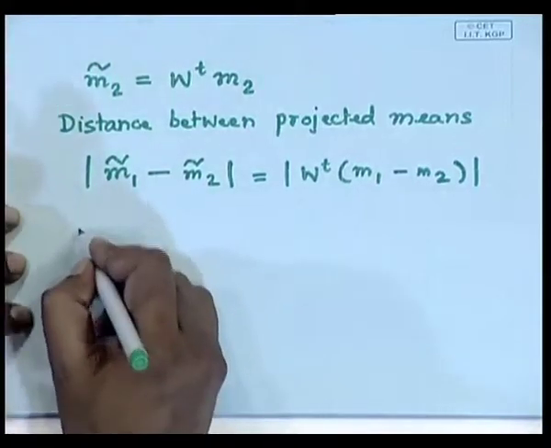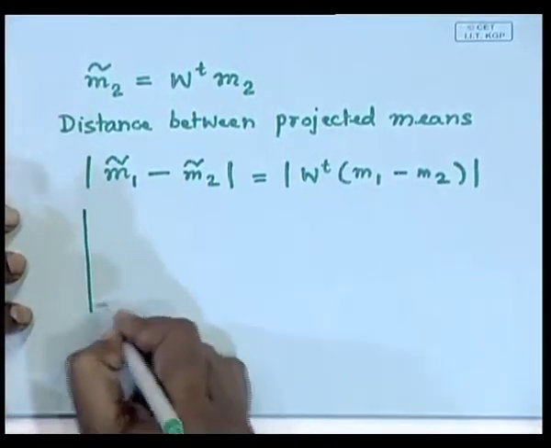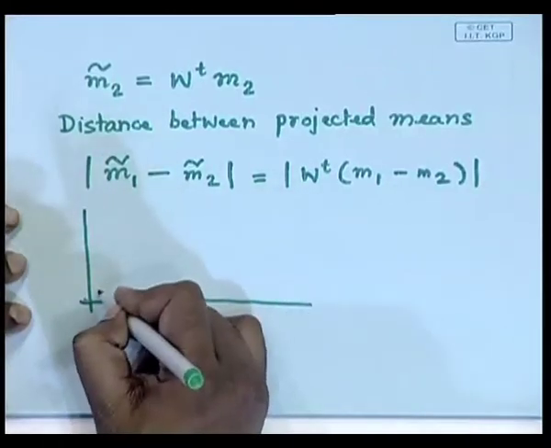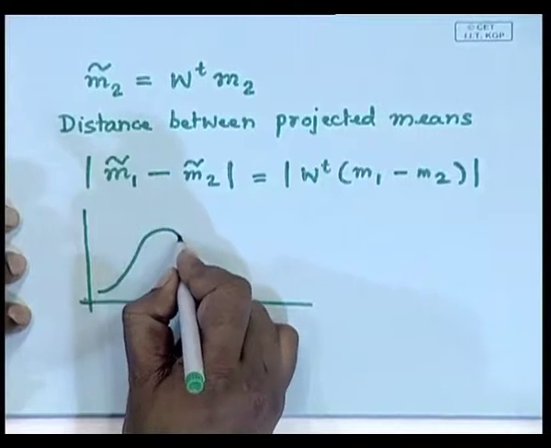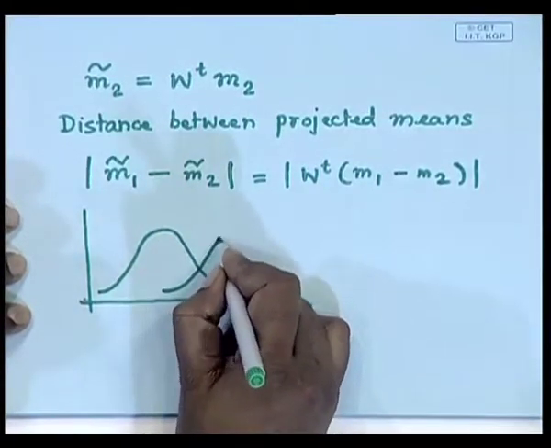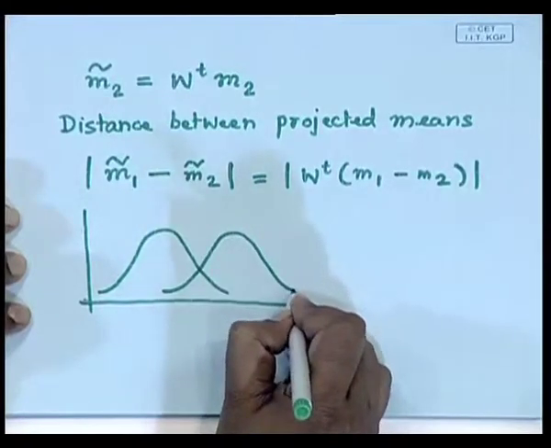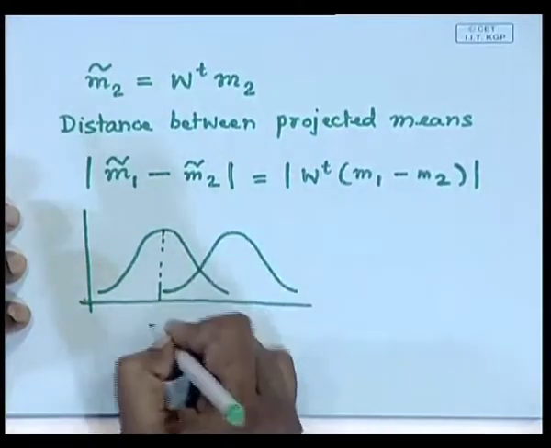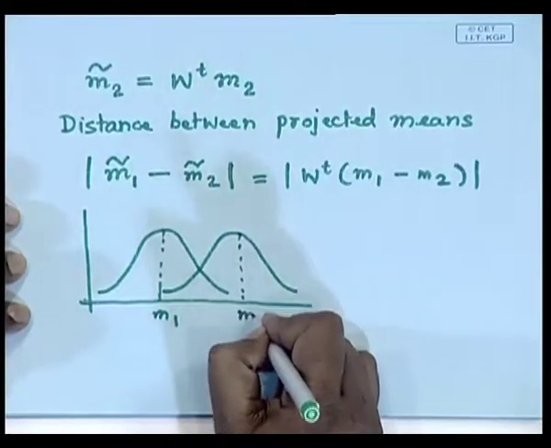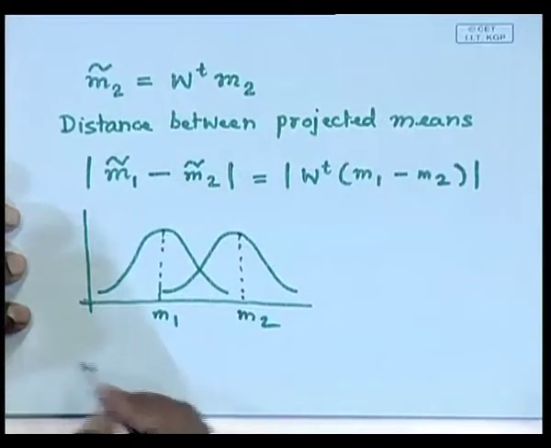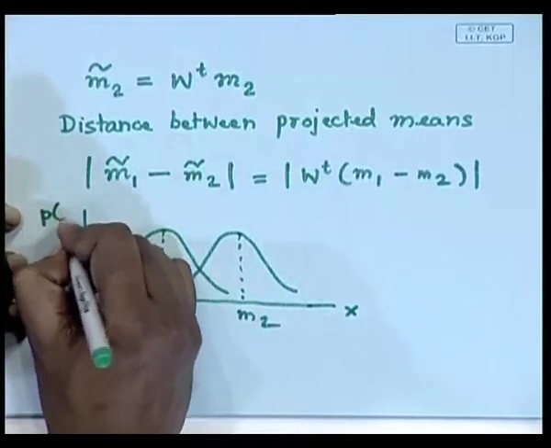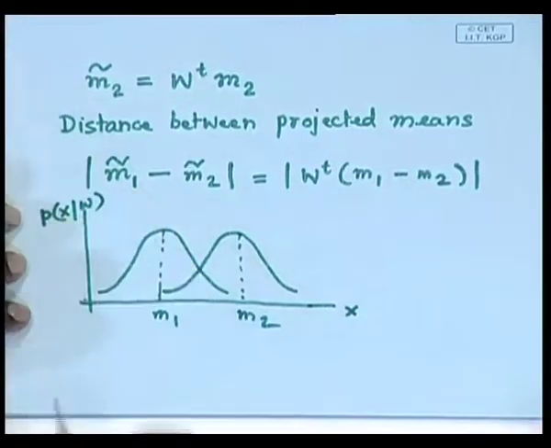Suppose I have two distributions like this. This is M 1, this is M 2. This is my x and this is p of x given omega.